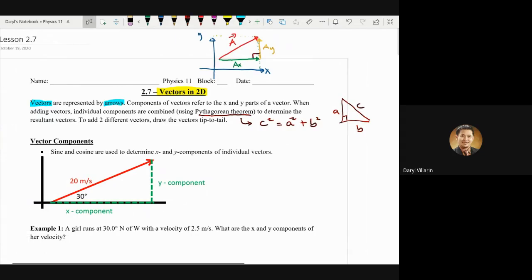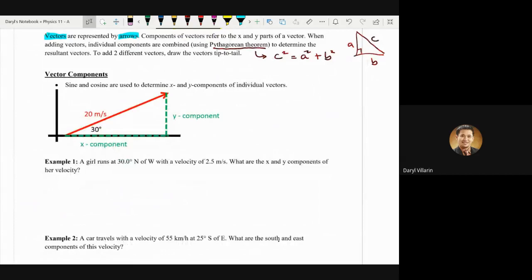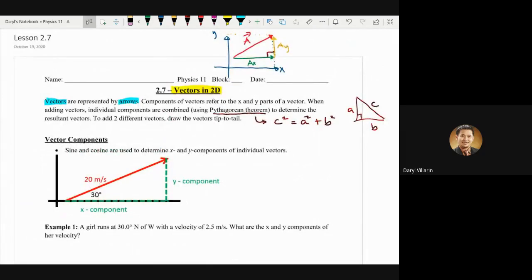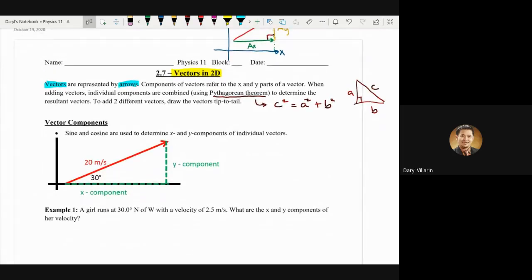Specifically, let's take this example here. You have vector components, as I've mentioned. A particular vector can be broken down to its components, the x and the y. Since you are just creating a right-angled triangle, we can use the trig ratios, specifically just sine and cosine.